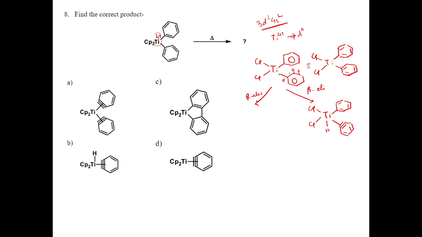Now if you do the calculation of the oxidation state, after that the reductive elimination can happen. It has to be in this position to do the reductive elimination, because unless it is in the cis position, it cannot do the reductive elimination reaction. So this type of thing is possible, right?